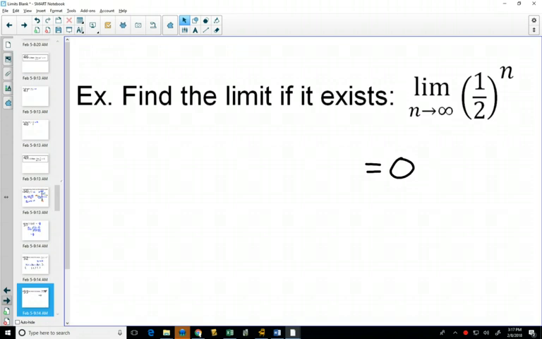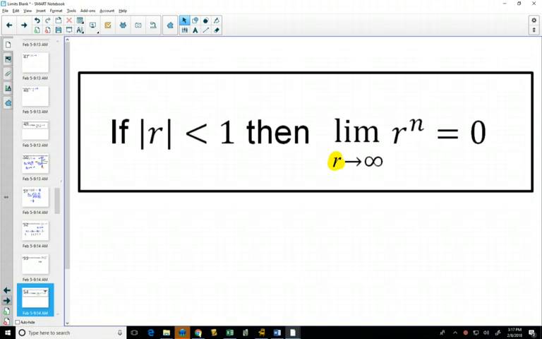Do you remember your geometric sequences, the sum to infinity of them? You could only find the sum if the value in there was less than 1. I think I corrected this on yours, did I? This should be n?